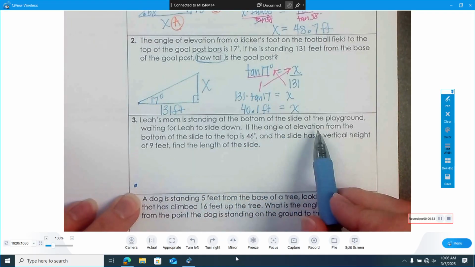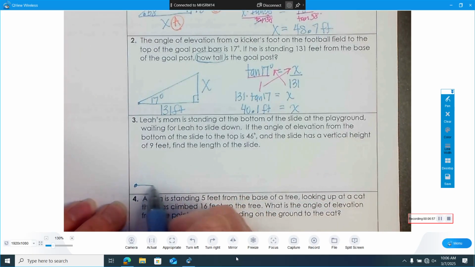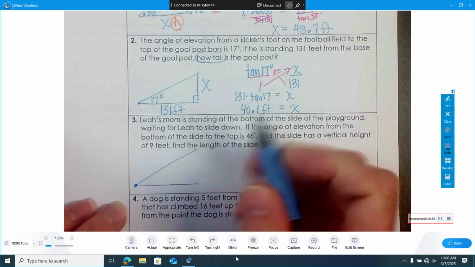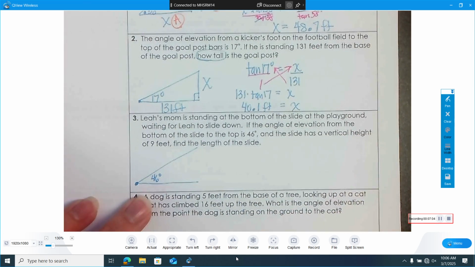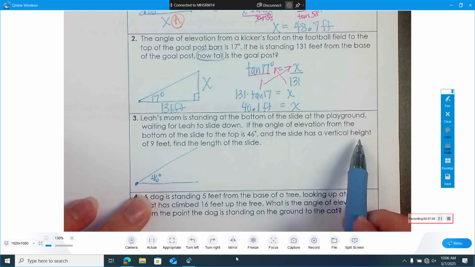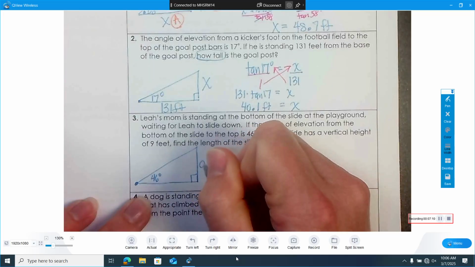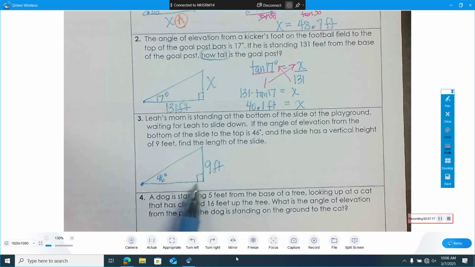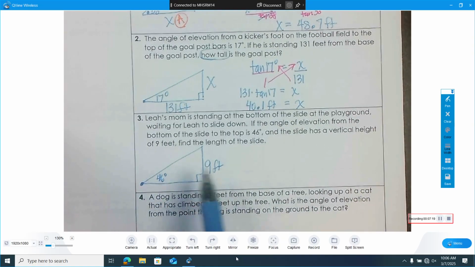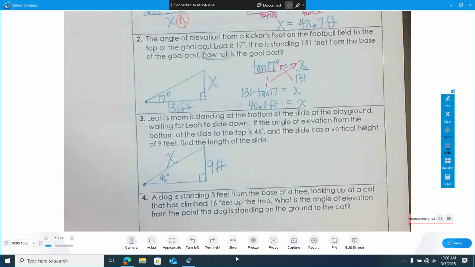If the angle of elevation from the bottom of the slide to the top is 46 degrees, and the slide has a vertical height of 9 feet, so that must be our vertical here, 9 feet. We want to find the length of the slide. Are we trying to find the distance to the slide, or the horizontal, or the hypotenuse?